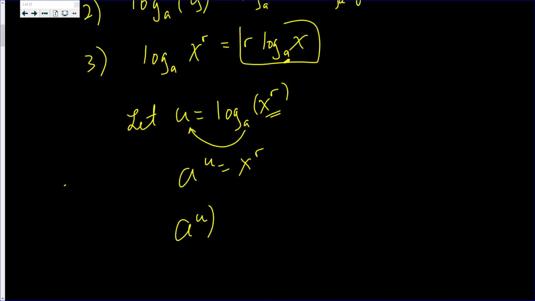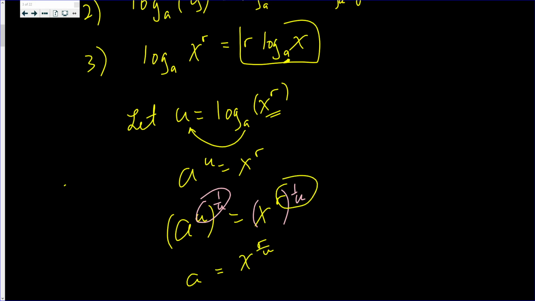So what can I do to a to the u to just get a? The answer is I raise it to the 1 over u power, because when you multiply those powers, you get 1. And a to the 1 is a. So this is equal to x to the r over u when I multiply those powers.